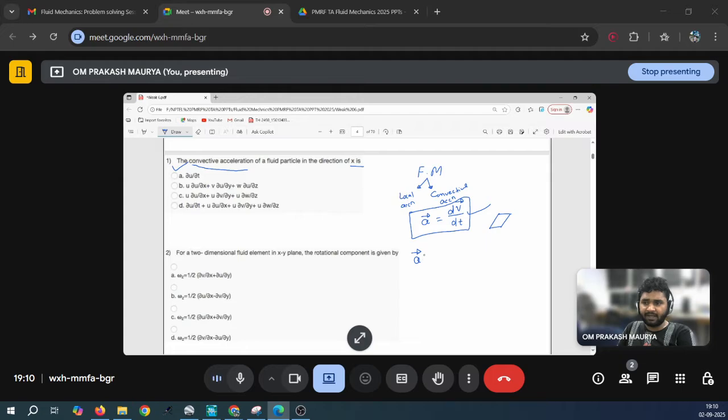ax, acceleration in the x direction, ay, acceleration in the y direction, and az, with unit vectors i, j and k. We are discussing three-dimensional flow.